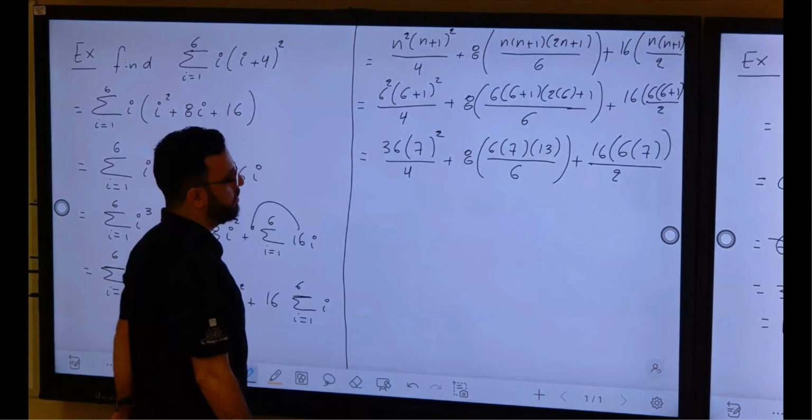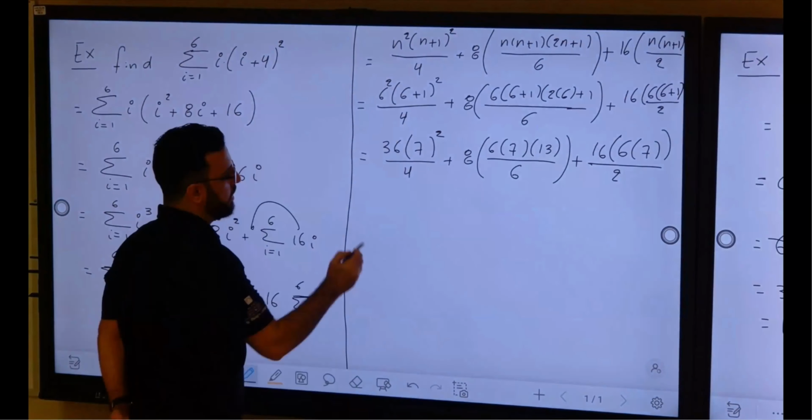Just simplify the numbers. So it's going to be 36 times 49, everything divided by 4, plus, you can cancel the 6 with the 6 from here, so it's going to be 8 times 7 times 13, plus this one is 8 times 42.